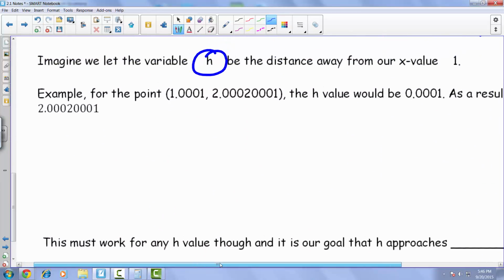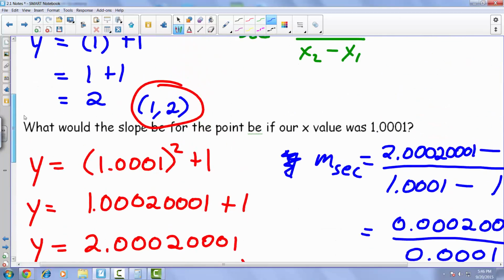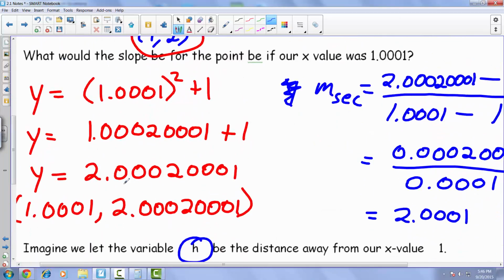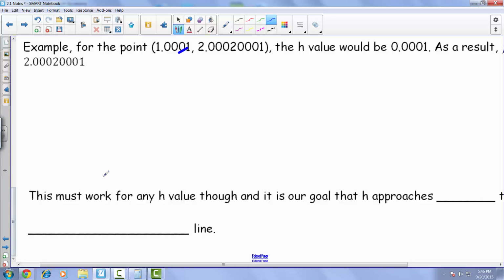So we can see that when we tried this point that was incredibly close to that target point 1, the h value was just what we added to that 1. In this case, it would have been 0.0001. And when we plugged it into the function, we ended up with that y value. Now, this has to work for any h value.